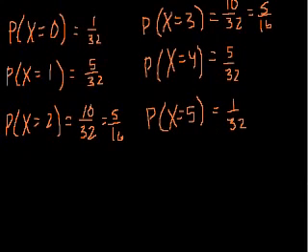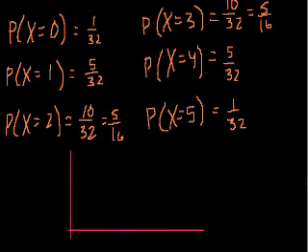Let me draw the x-axis. That's not thick enough. Let me do it in a different color. And let me draw the y-axis. Alright, so what are the different values that we care about for our random variable? Notice these are all discrete values.